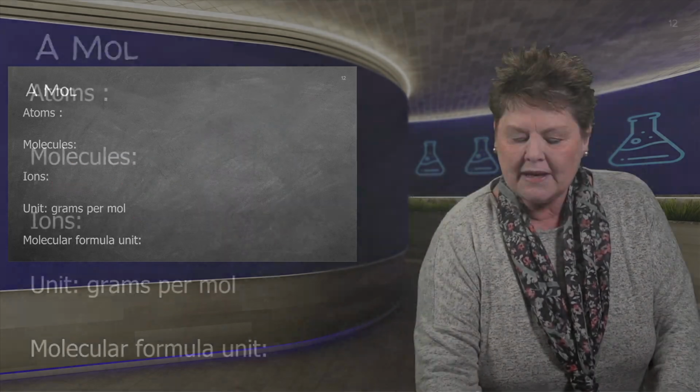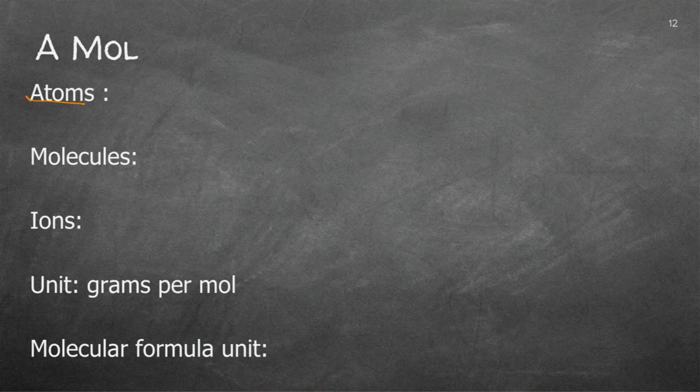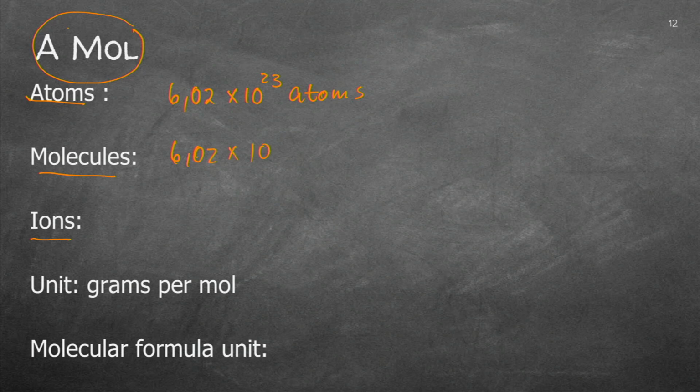Right. What is atom, molecule, and ions? Well, if I've got a mole, I've got 6.02 times 10 to the 23 atoms. If I've got molecules, a mole, 6.02 times 10 to the 23 molecules. If I've got ions, 6.02 times 10 to the 23 ions.